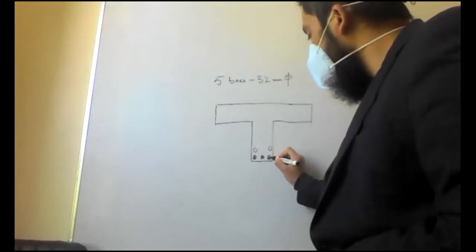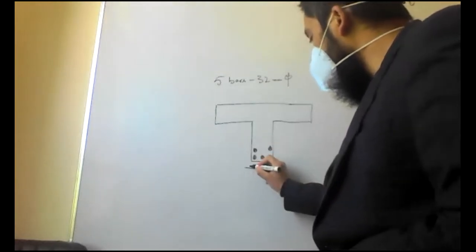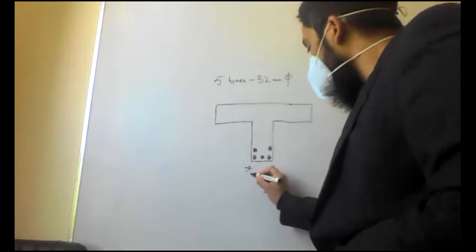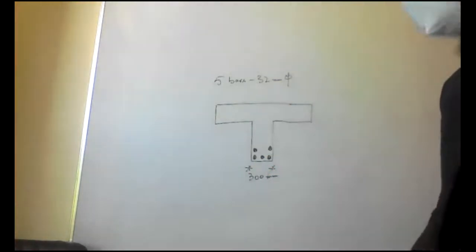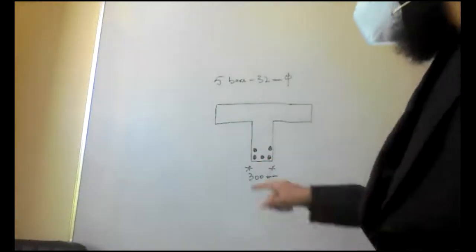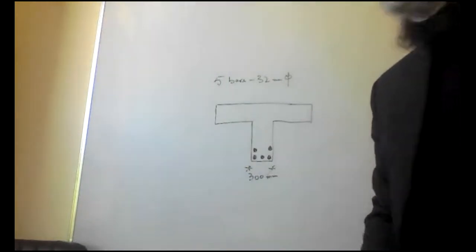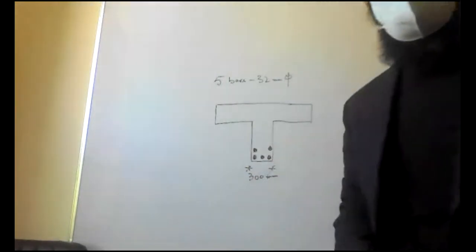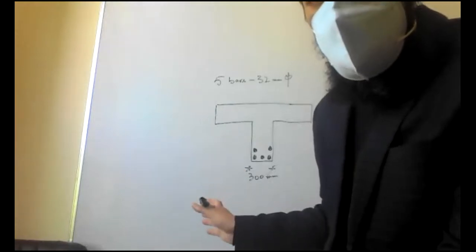Bar 1, bar 2, bar 3, bar 4 and bar 5. Because this overall is just 300 mm, you have to fit these bars, 3 bars in one row and further 2 bars in the second row. So these will be the tension bars that we are providing.